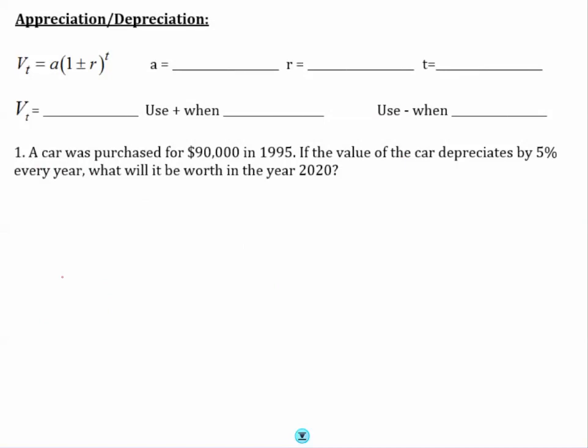It is V sub t equals A times 1 plus or minus r to the t, where A is the initial value, r is the rate as a decimal, t is time in years, and V sub t is the final value.